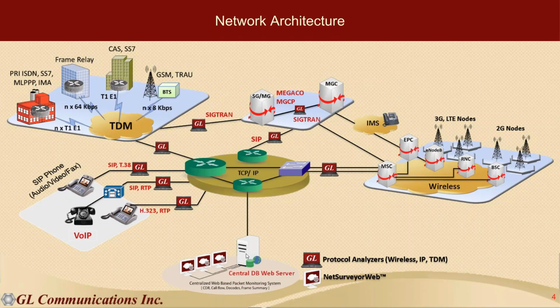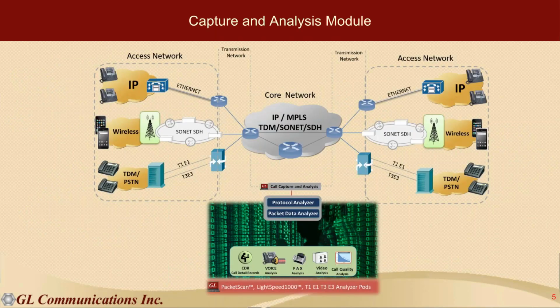One more slide to go into a little bit more detail at the probe level here. At the probe level, at an individual test point within your network, depending on what protocol you're looking at that particular test point, our testing equipment basically consists of a few different parts.